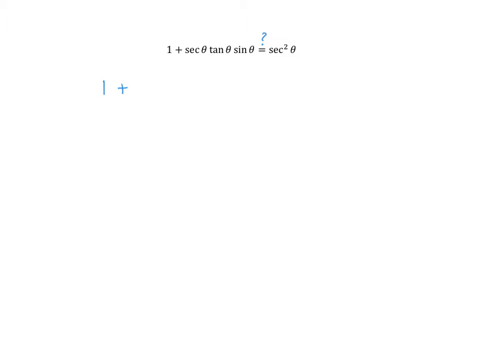So for example, secant is 1 over cosine of theta, and tangent is sine of theta over cosine of theta. And for the sine of theta, I won't do anything to that. I'm just going to leave it alone. And the question is, will this simplify to give me secant squared of theta?